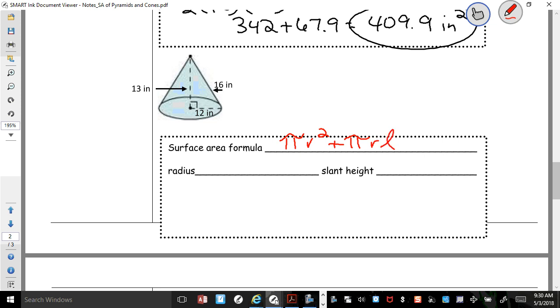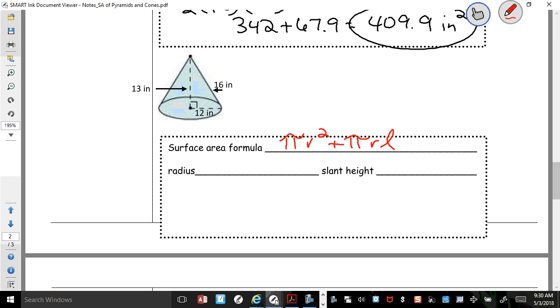So what does pi r squared represent? Alan, what's pi r squared represent? Circle. Yeah, the what of a circle? Area of a circle, yes?